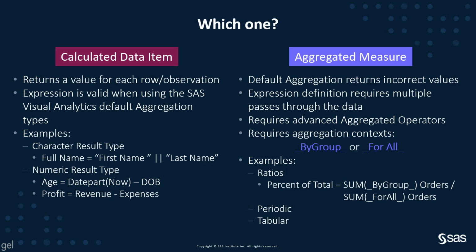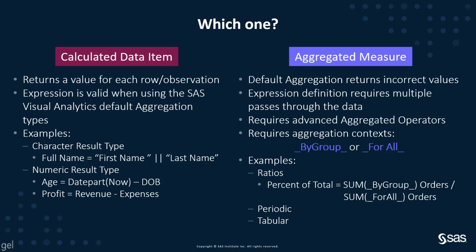Now the big question: when do you use a calculated data item versus an aggregated measure? I hope these examples have helped you understand which one to build when the time comes for it. So use a calculated data item when it needs to return a value for every row observation in your data source. Also, the expression is valid when using the SAS Visual Analytics default aggregation types for all of the Visual Analytics objects.